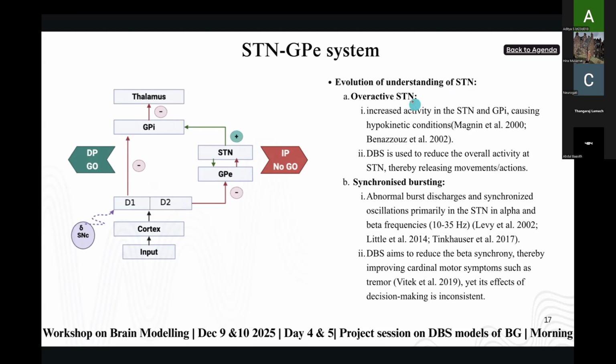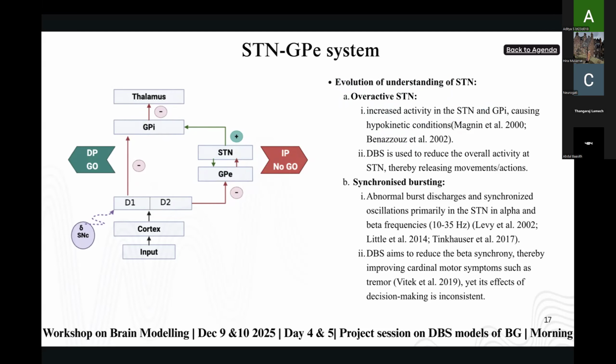So initially, people started thinking that STN also behaves overactive. They also tested it experimentally by surgically putting in electrodes. When I say overactivity, they observed that there is an increased activity at STN. Now, when there is a higher indirect pathway activation or a higher STN activation, you remember it leads to a lot of no-go movement, causing a lot of hypokinetic or very reduced movements.